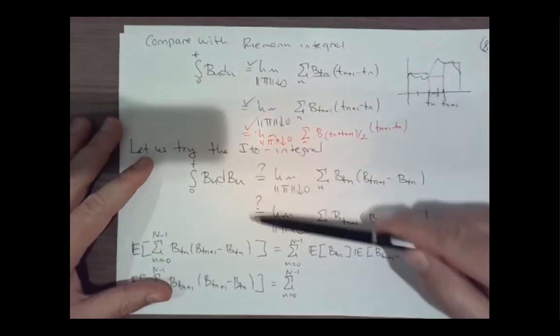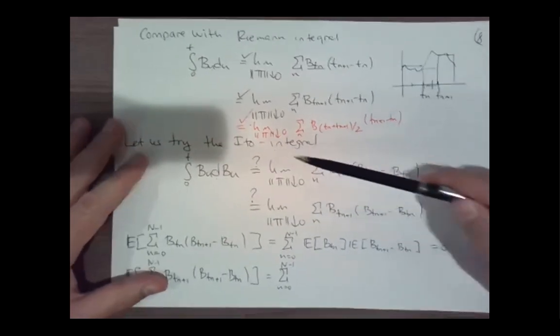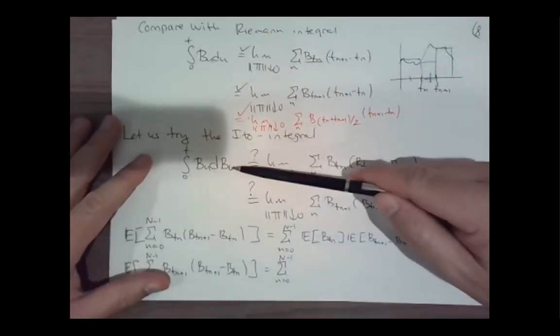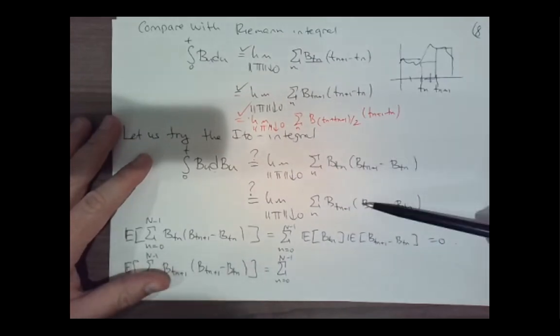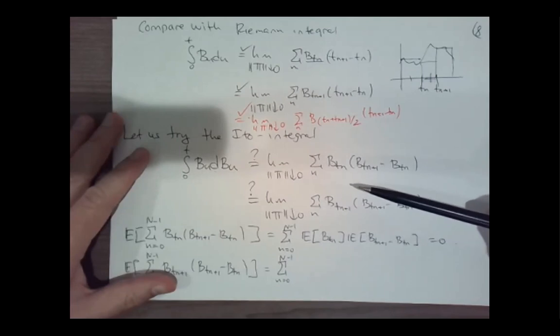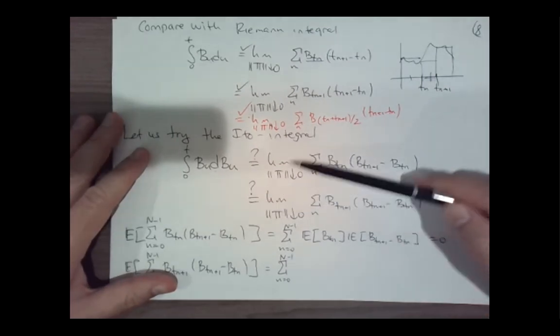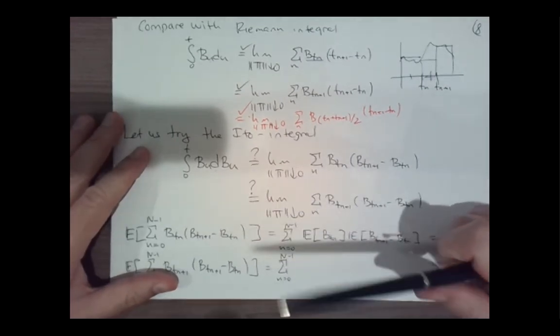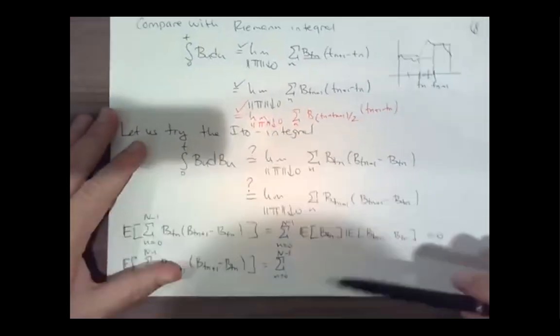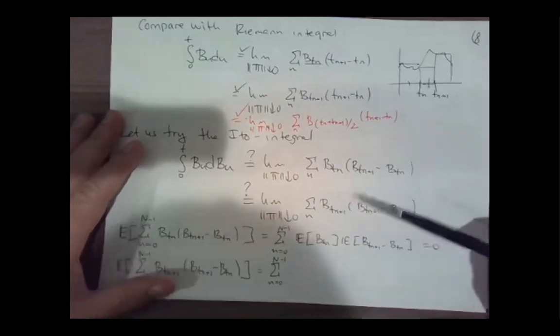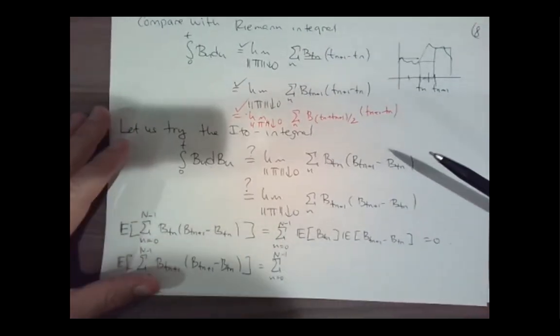If you try to do the same thing for the Ito integral, so I would have these two competing with each other, would I have the same property, namely that I get the same quantity when I take the limit? And as you can probably guess at this point, there is something fishy going on, because otherwise we wouldn't spend so much time doing this.